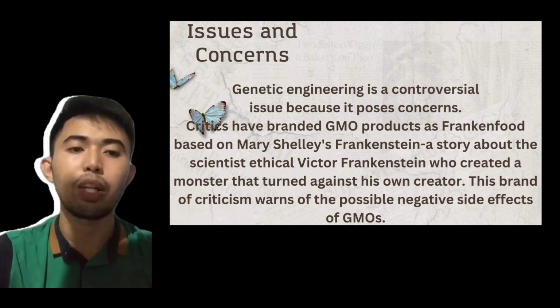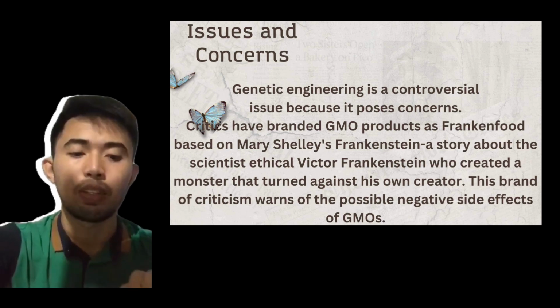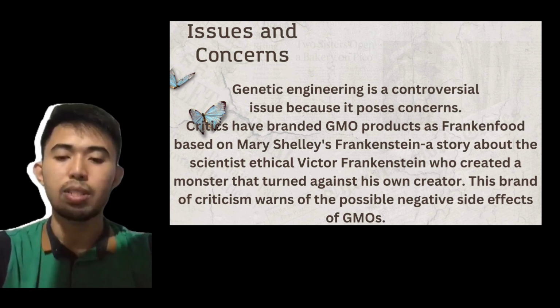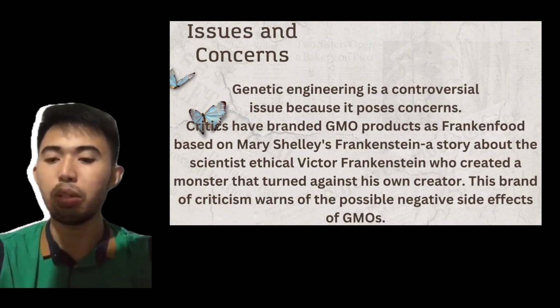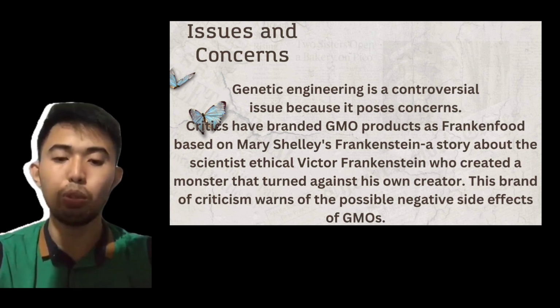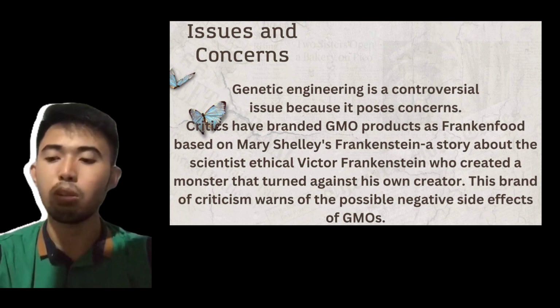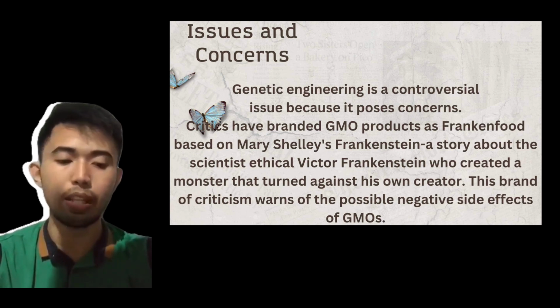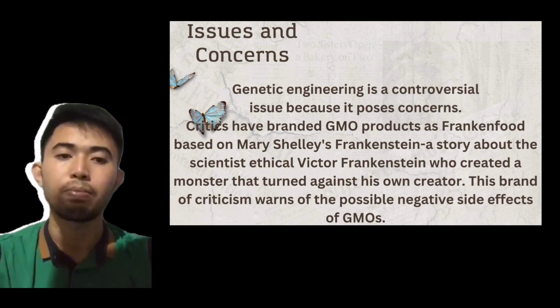This branch of criticism warns of the possible negative side effects of GMOs. Environmental concerns: the risk of crossing of genes from GMO foods into wild plants and other crops, a negative impact on insects and other species, and reduction of other plant types, leading to the loss of biodiversity.